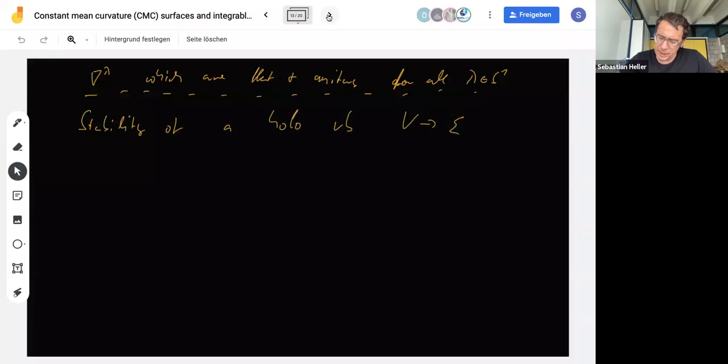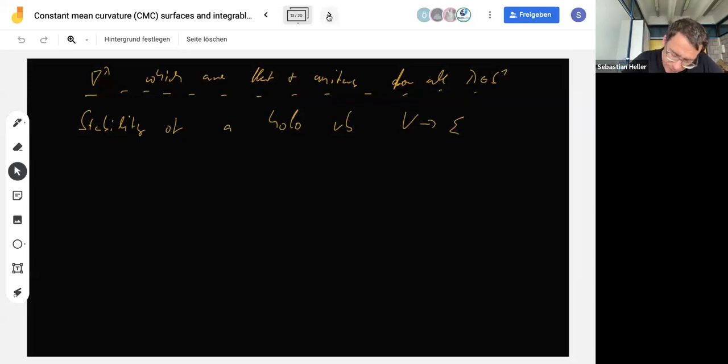So the question we want to answer is whether this vector bundle can have a holomorphic unitary flat connection which induces something holomorphic, and the answer is that we need a condition, namely the condition that it's stable.